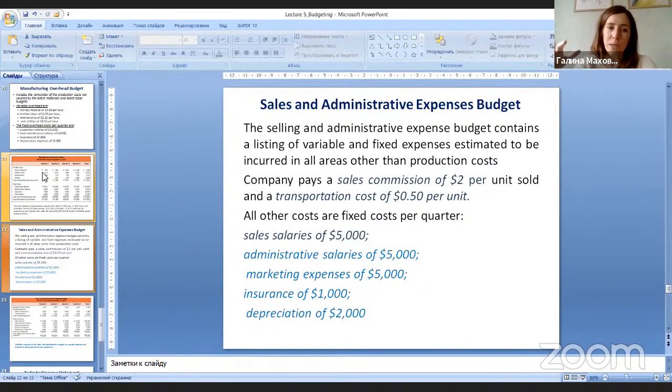So they are not production costs, not manufacturing costs, they are related with sales. And also we have other types of costs like sales salaries, administrative salaries, marketing, insurance, and so on. And they are fixed. They don't depend on the quantity of product. So no matter how many products we produce and sell, we should spend these fixed costs like salaries, administrative, marketing, insurance, and so on.